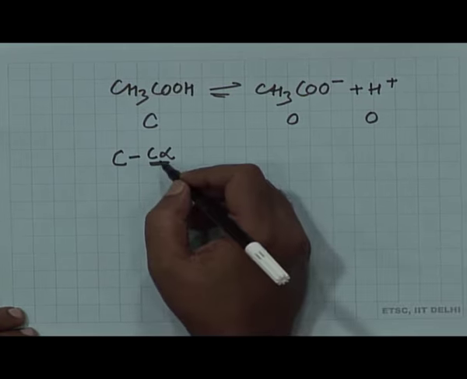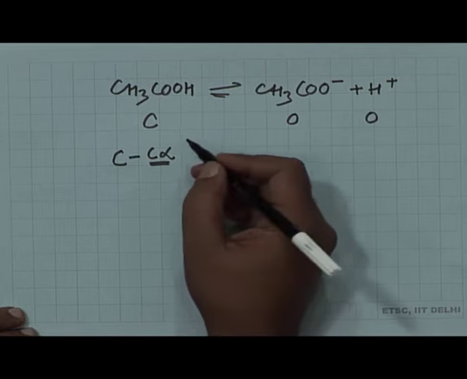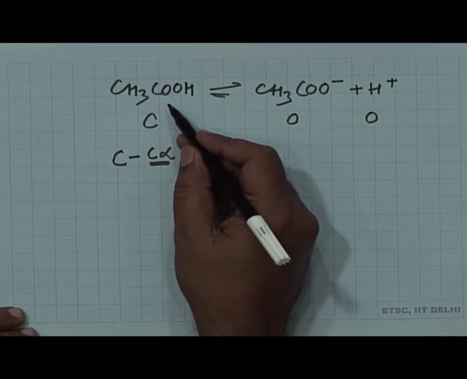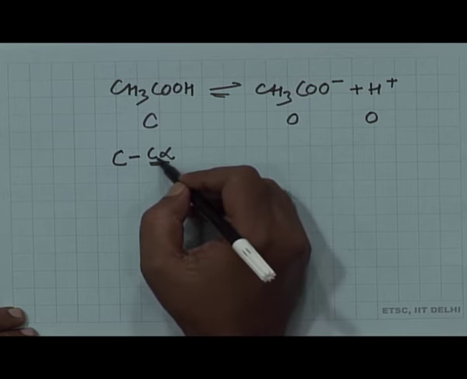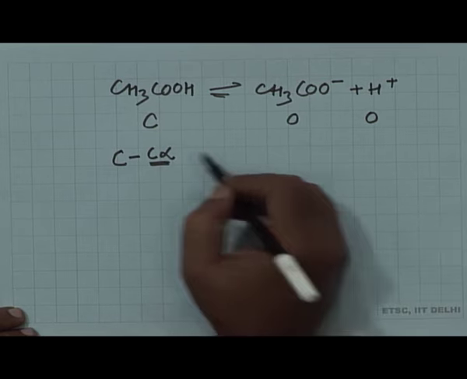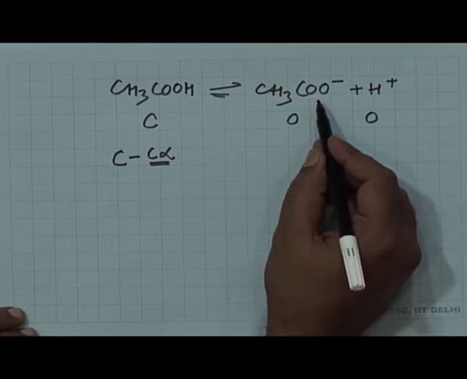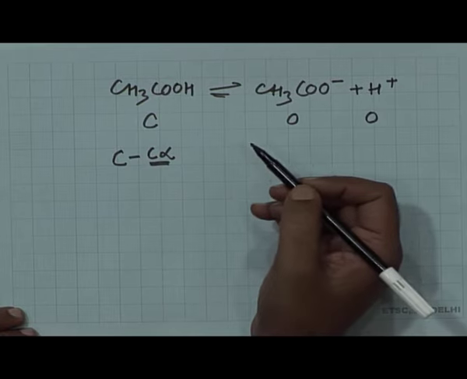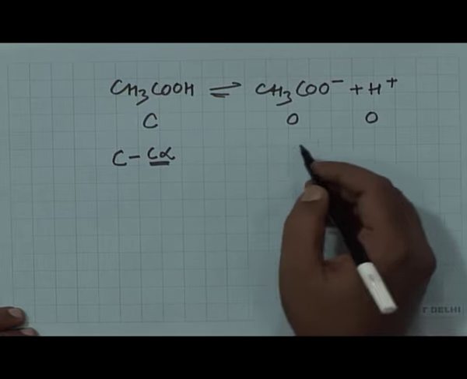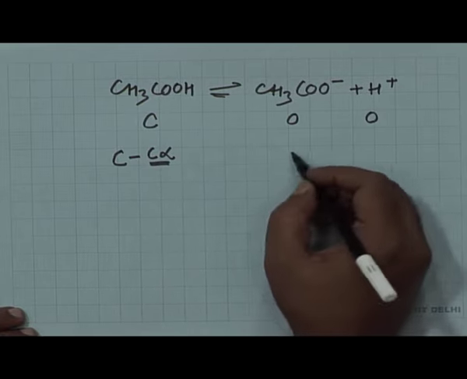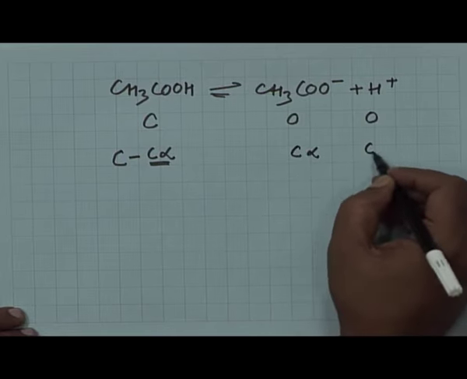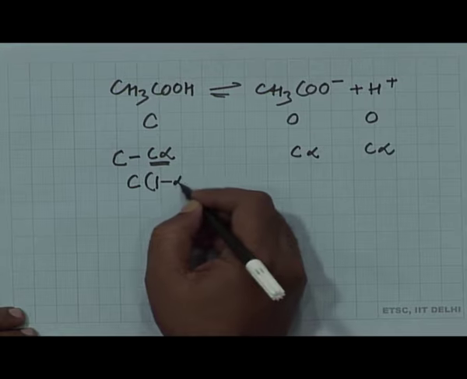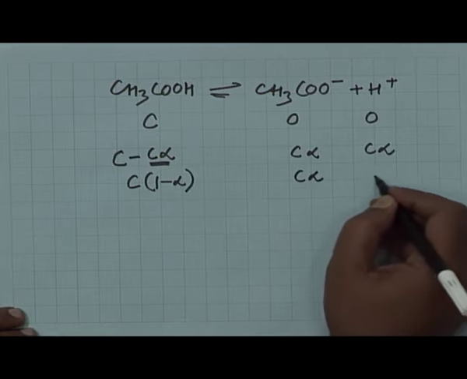Since alpha is per mole and we have C moles of acetic acid, if 1 mole gives you alpha mole of ions, C mole will give C alpha mole of ions. So, C minus C alpha remains, and here you will generate C alpha. Another way to write this is C(1 minus alpha), C alpha, C alpha.